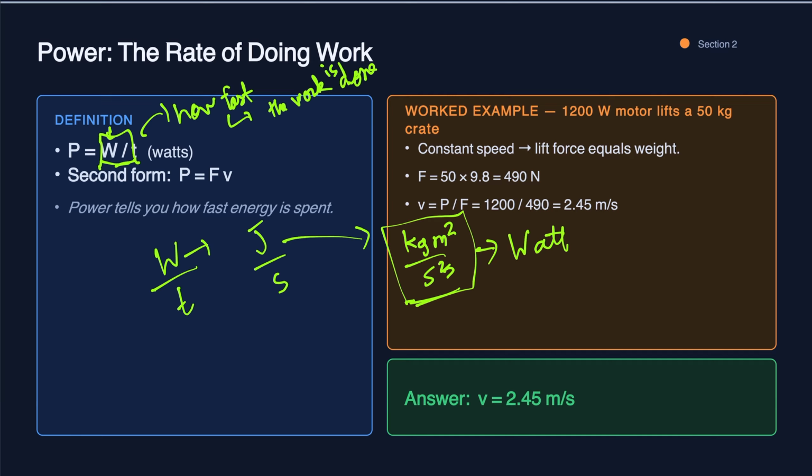So if you do a large amount of work, right? But if you do it in a large amount of time, then that's not really a large amount of power, right? Because if you do it in a large amount of time, that means the denominator is larger, which means it's going to nibble away at your power. But if you did a large amount of work in a small amount of time, then you're going to get your maximum power, because the smaller the denominator is and the larger the numerator is, the more power you have, right?